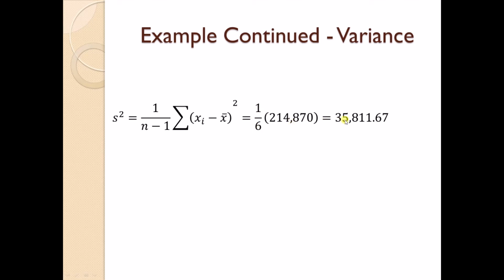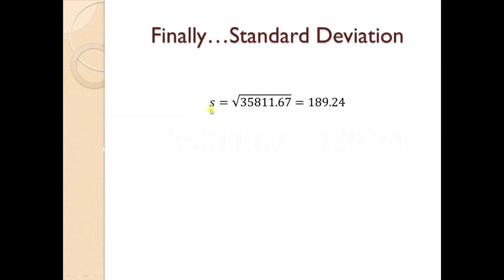Remember, n minus 1. And so that number is your variance. That's pretty big. It's out of the league of your original data values because those are in squared units and your original data isn't. So you fix it by taking the square root, and now you've got something a little more digestible, don't you think?